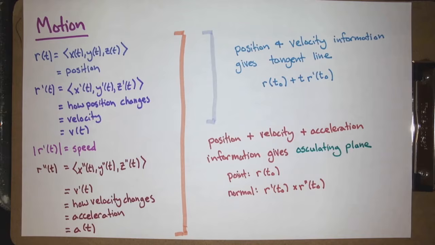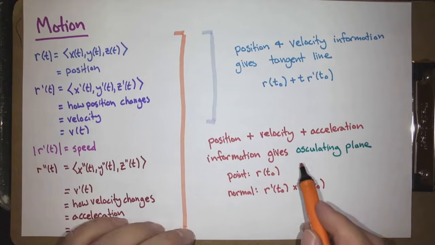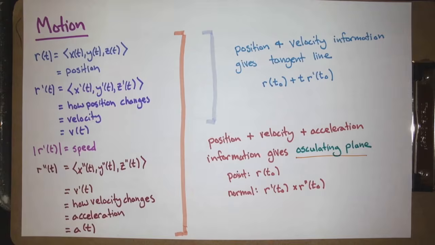In essence, it's saying this particular plane is very closely matching the behavior of what the curve is trying to do. And we're going to give it a name. We'll call it the osculating plane. So the osculating plane is trying to capture the behavior of the curve at a particular point.